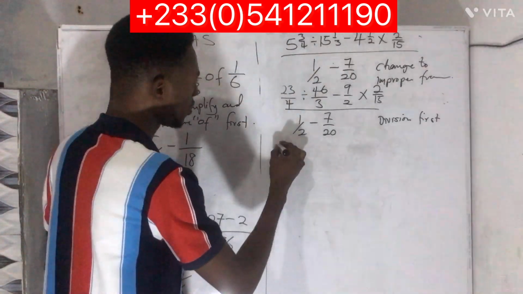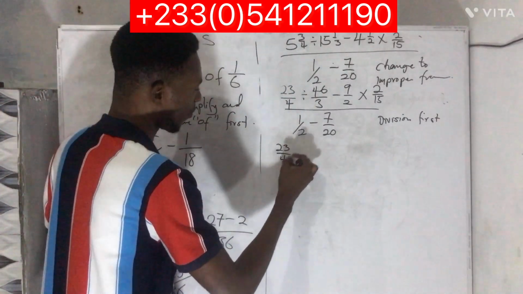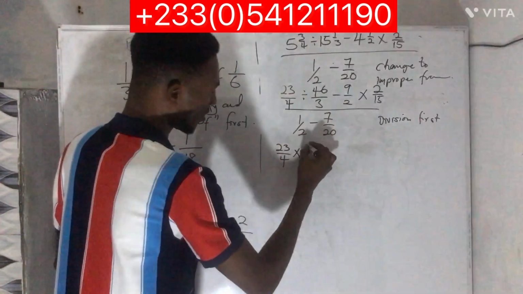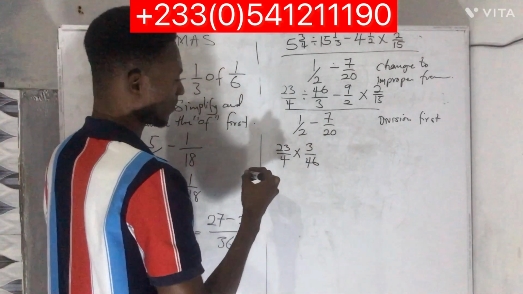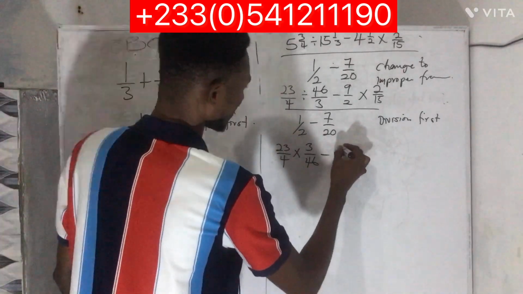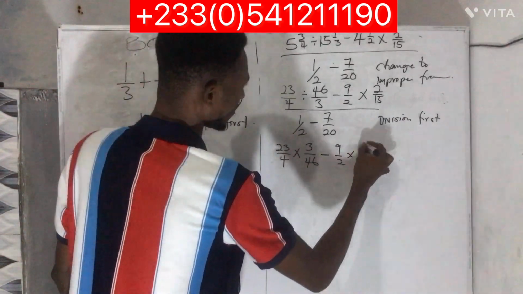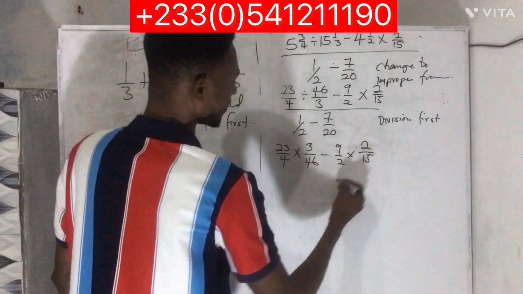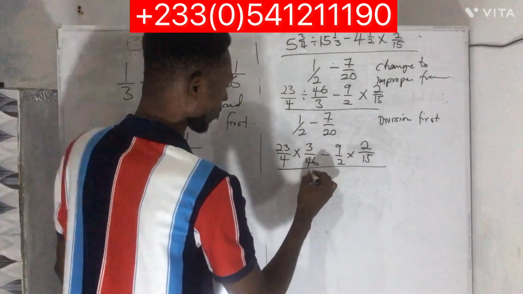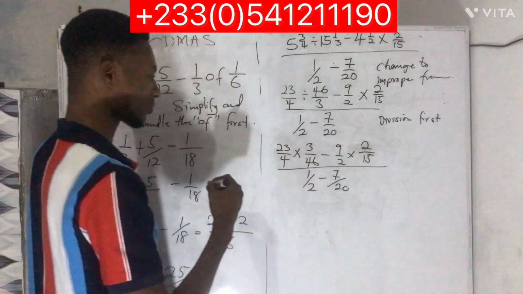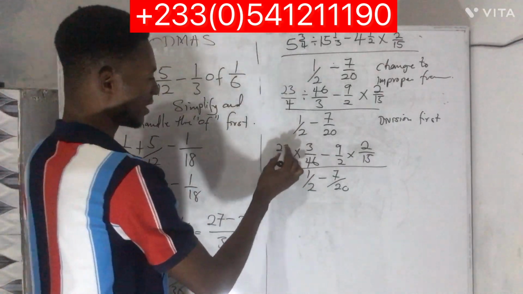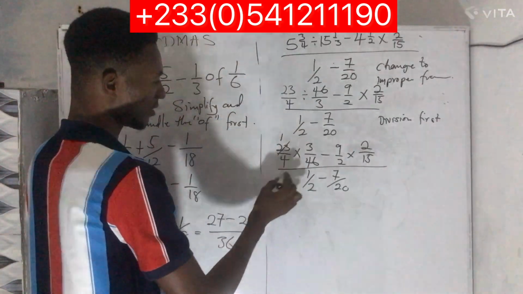Okay, so we have 23 over 4 times, then reciprocate, 3 over 46, minus 9 over 2 times 2 over 15, all over 1 over 2 minus 7 over 20. Now, this will go into itself once.